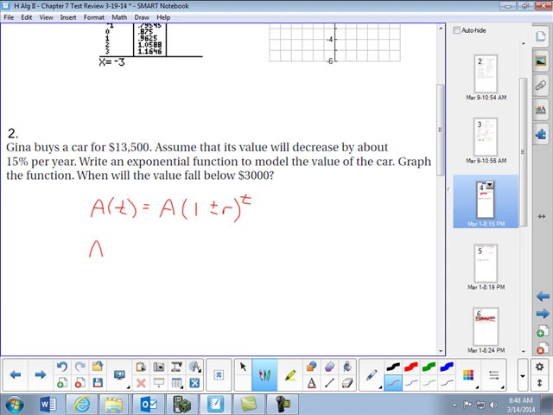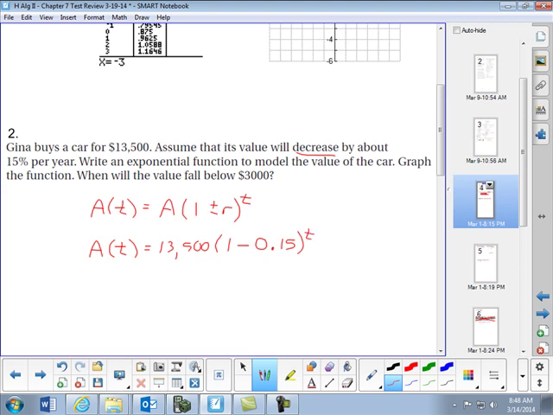So this formula would be A sub t, our final amount, is equal to our initial amount, which was 13,500, times 1, and then since this is decreasing, we are going to subtract our rate, and you have to remember to put this as a decimal. Sometimes this is the biggest mistake you guys make, is converting 15% to a decimal. It's 0.15 to the t or x power.